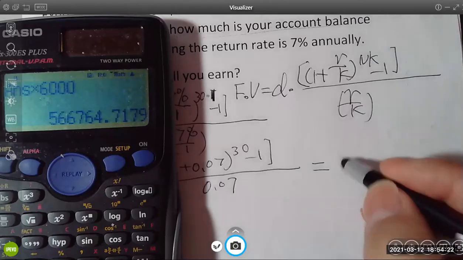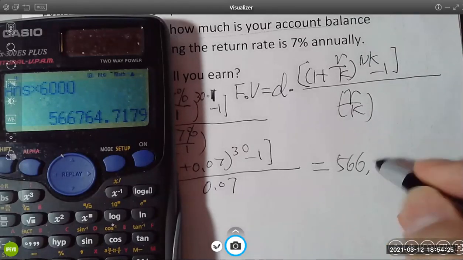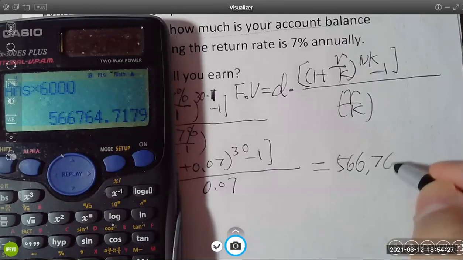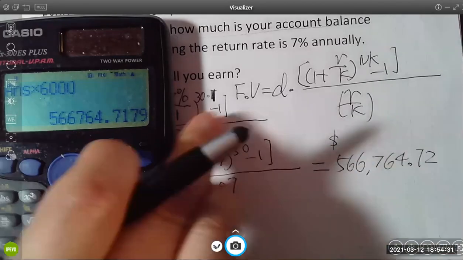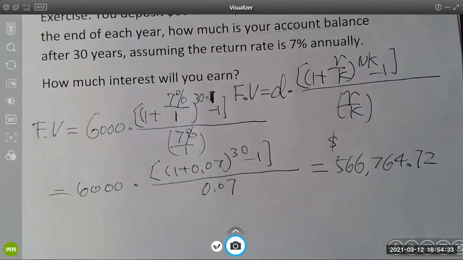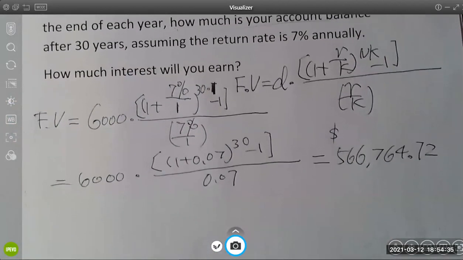So we get 566,764.72. That's the total account value.